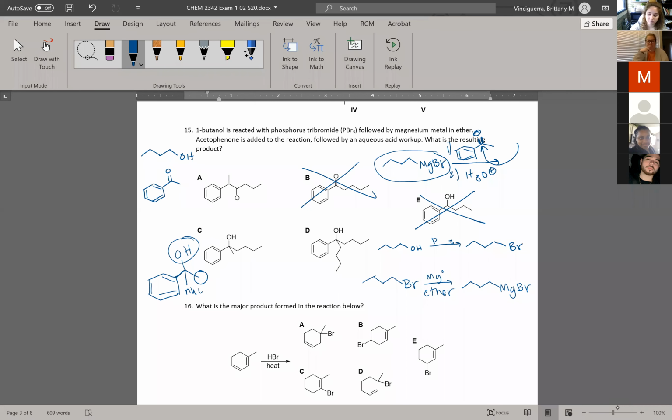It's not even in the same spot anymore, so don't pick that. And then between C and D, this is just you knowing that the Grignard only added once and that the methyl group is not going to go away. So you pick option C. So this one you can do a lot of narrowing down of answers just by knowing the chemistry a little bit.